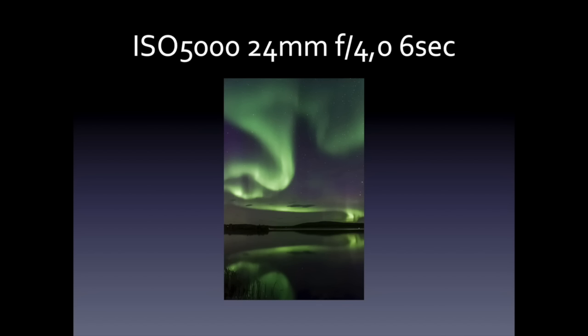Okay, here is a sample of the moving Nordic Lights. It's a 6-second photo. If this were a 1-second photo, these would be much sharper. The Nordic Lights are moving all the time, and if you have a longer exposure time, then you will get a wider area for the Nordic Lights.